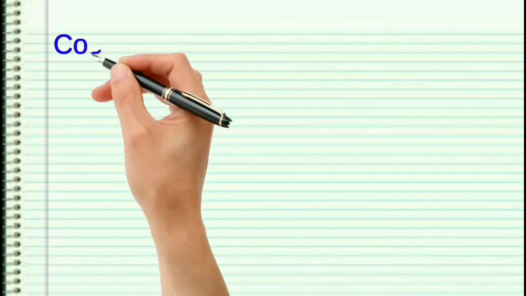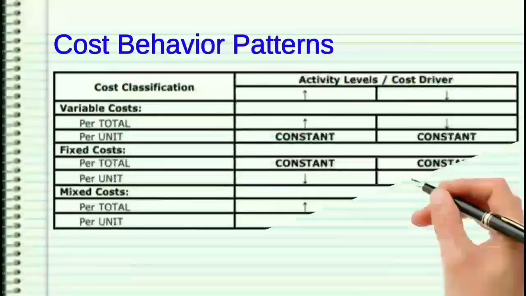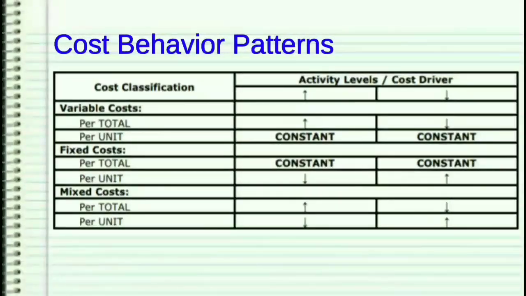Para mas lalo nyong maintindihan yung behavior ng variable costs, fixed costs, at mixed costs, here is the summary of the cost behavior patterns. Gagawa tayo ng dalawang columns. The first column is for the cost classification, and the second column, that is for the activity level or cost driver.